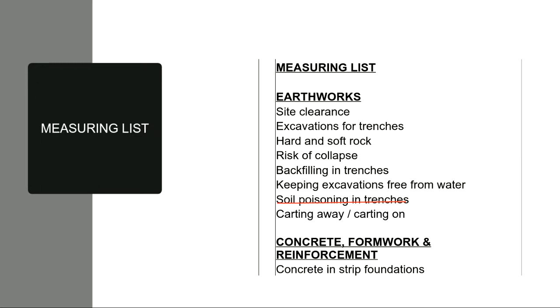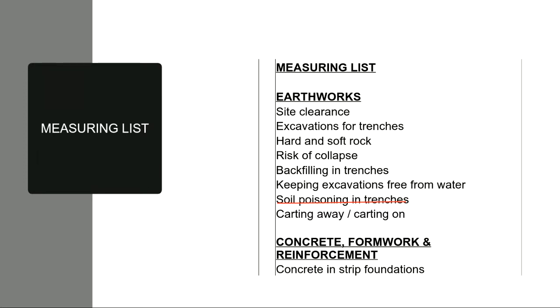In this case, we are dealing with a closed floor. So we need to protect our building, and therefore we will have the soil poisoning in the trenches. And later on, when we measure the floor construction, you will see we will also have soil poisoning under the solid floor. But all the other items over here are familiar to you.